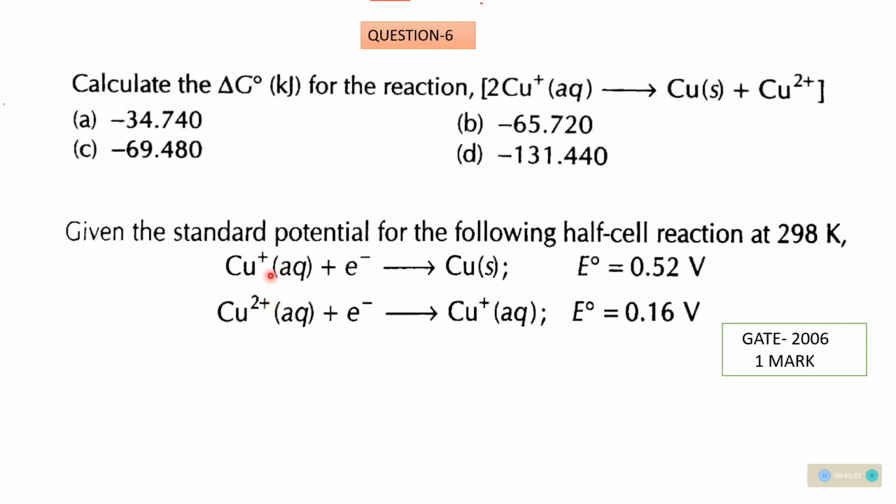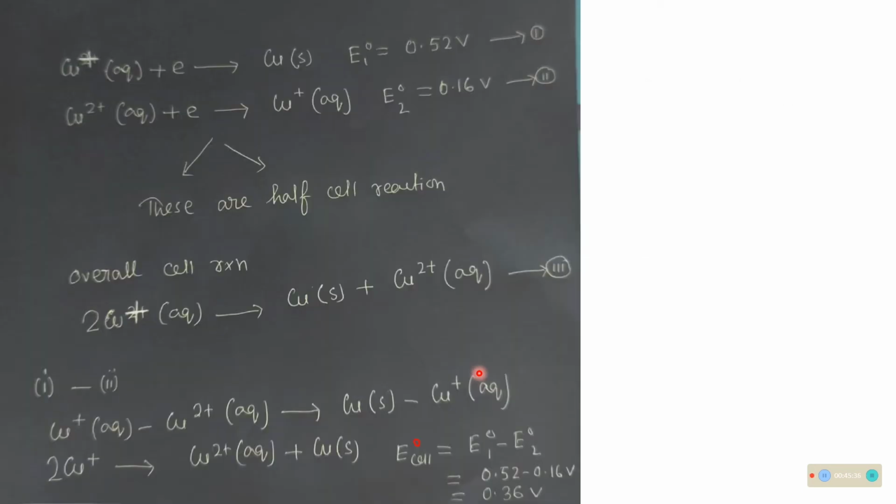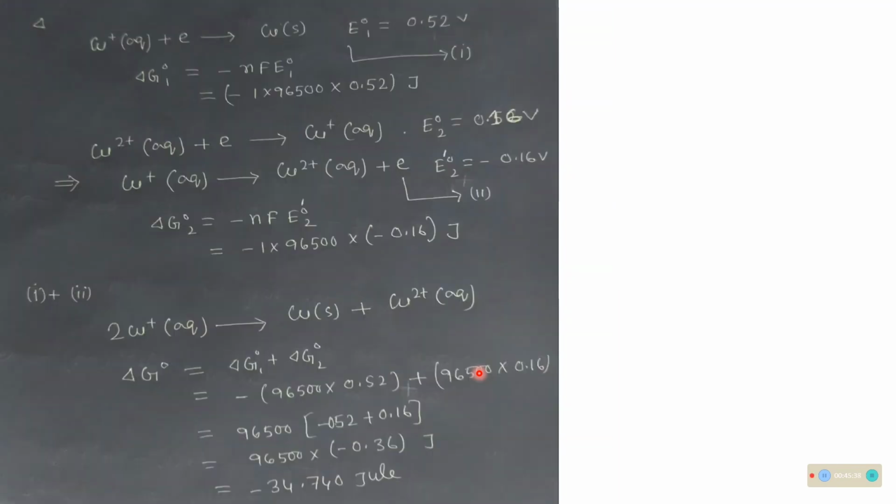These are two half cell reactions, both reduction reactions. To obtain the whole reaction, we have to take these two reactions and do subtraction or addition. We did addition. This type of question you can solve in a different way.